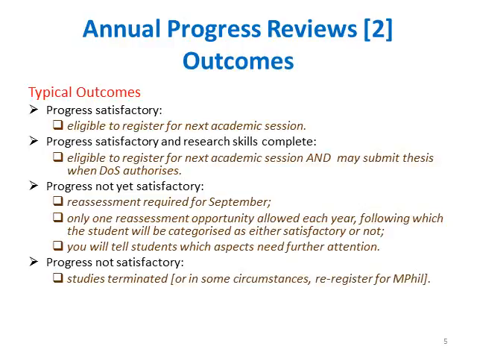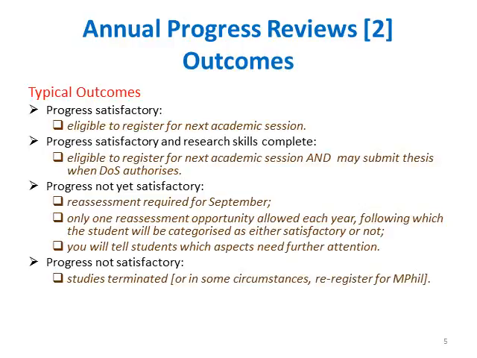The second outcome, which is rather more positive even than that, is that the progress is satisfactory and the research skills are complete. Now this is typically for those students who are very close to submitting their intention to submit form, and this basically means they're on track and there's nothing more they need to do for research skills. So as soon as the Director of Studies authorises the intention to submit form, they can go ahead. So they're very close to the final stage.